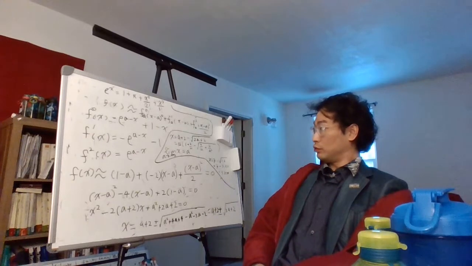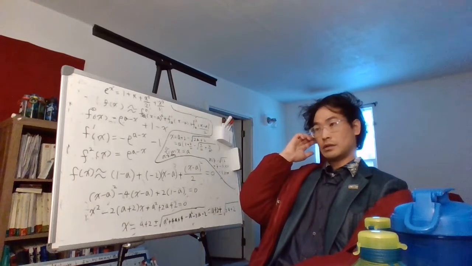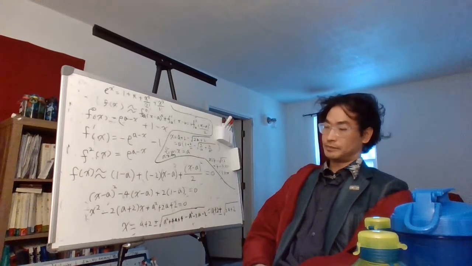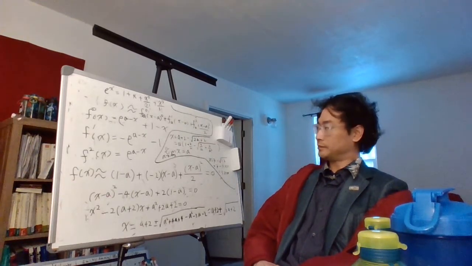When a is 2, x is equal to 4 minus square root of 6. That becomes less than 2. Makes sense.